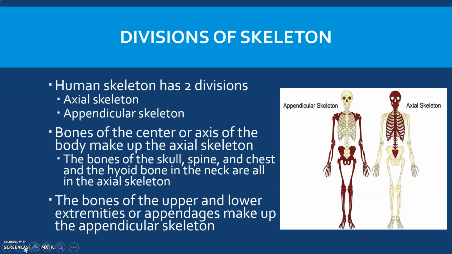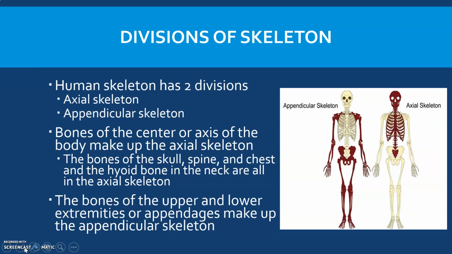The skeleton consists of the bones of the body. Adults have 206 bones in the skeleton. The human skeleton has two divisions, the axial skeleton and the appendicular skeleton. The axial skeleton forms the vertical central axis of the body.